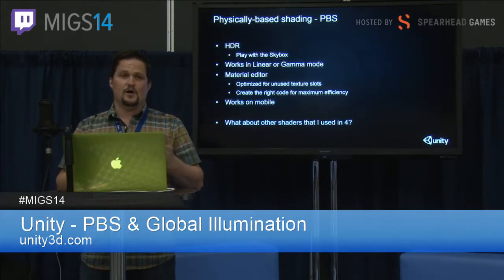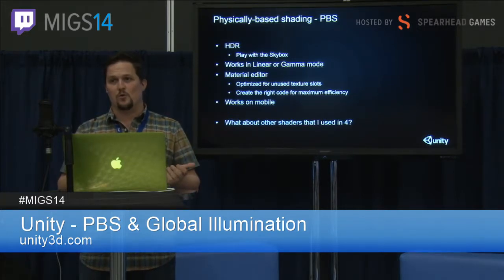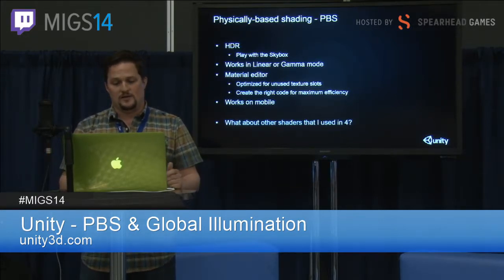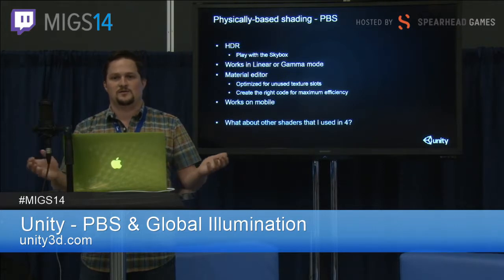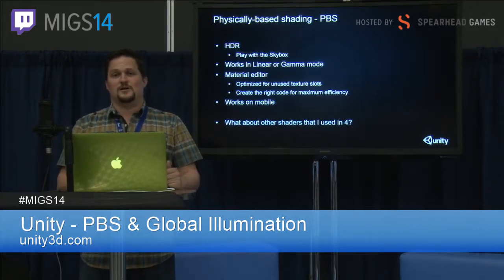If you are not using all of those textures, don't worry, we will compile a shader that is optimized for the things that you are using, so there's no overhead. Consequently, you get maximum efficiency because there's nothing there that is not used by your game. And good news, it works on mobile.